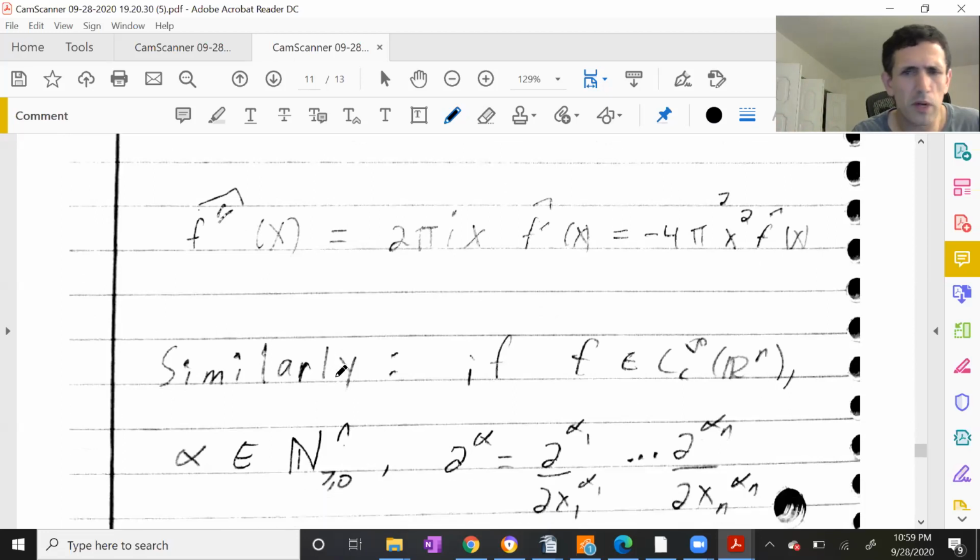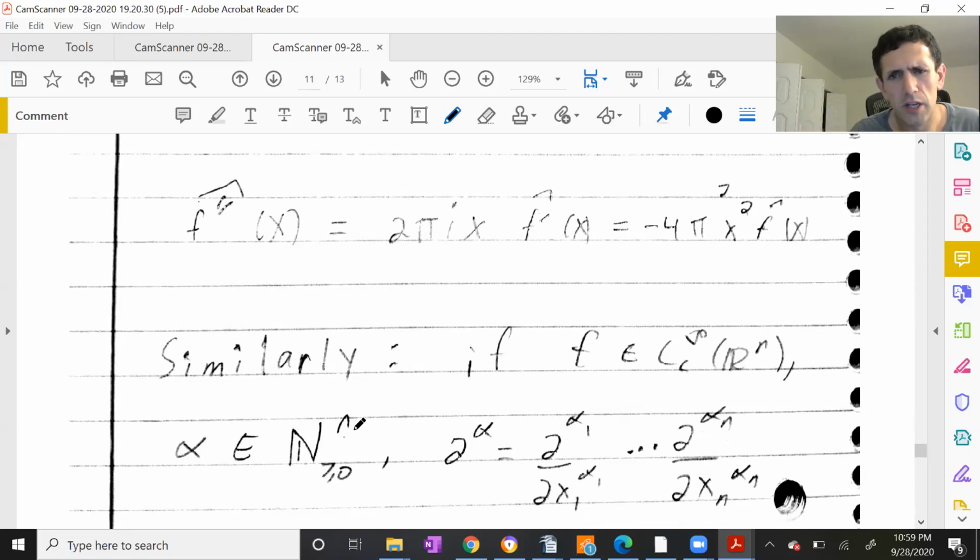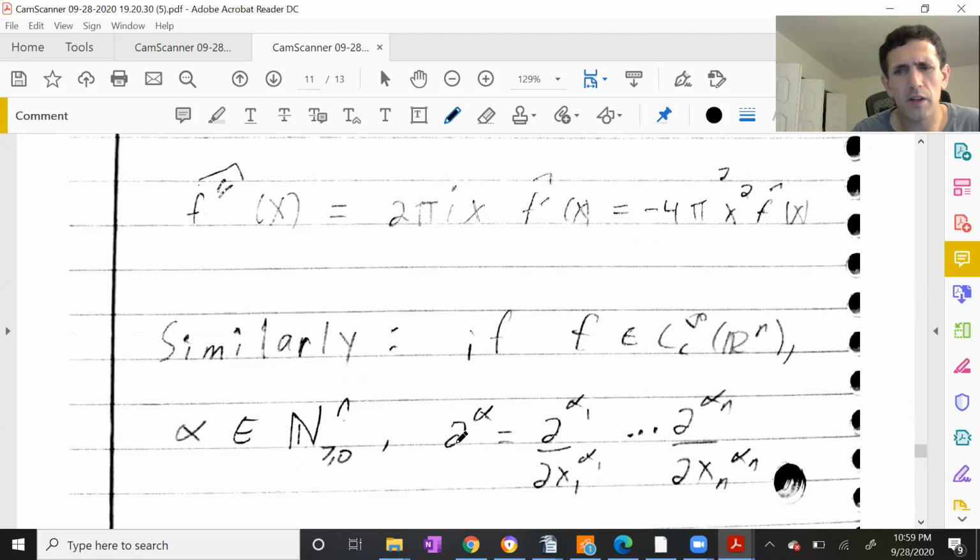So I don't want to dwell on multinomial notation, but if alpha is an n-tuple of non-negative integers, define, well, depending on which book you read, it's dx alpha on bottom or just partial alpha for shorthand.